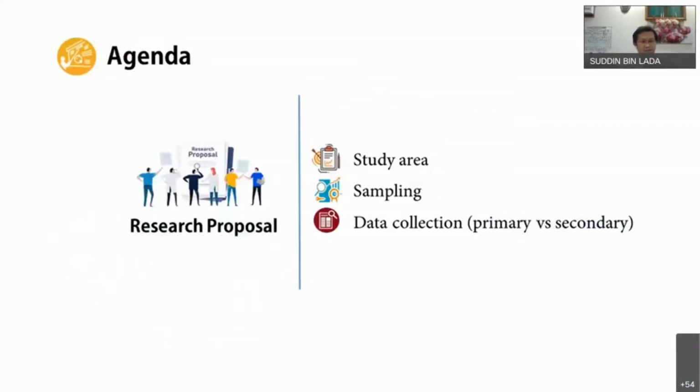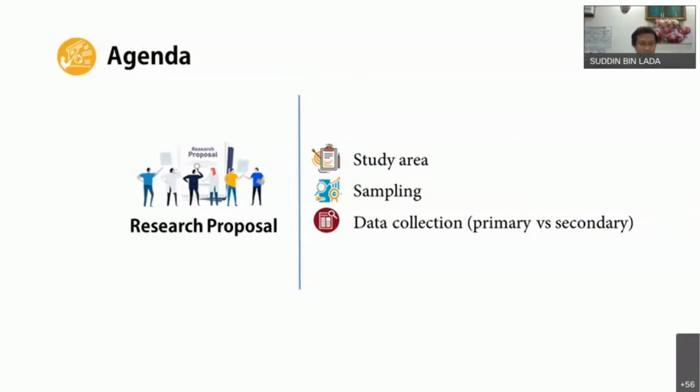Okay, before that, for the agenda for today. It's already actually given to me the very simple topic but very important in thesis writing. A research proposal, process of preparing a research proposal in the area of study area, sampling technique, and a bit about the data collection, especially on your primary and secondary method.